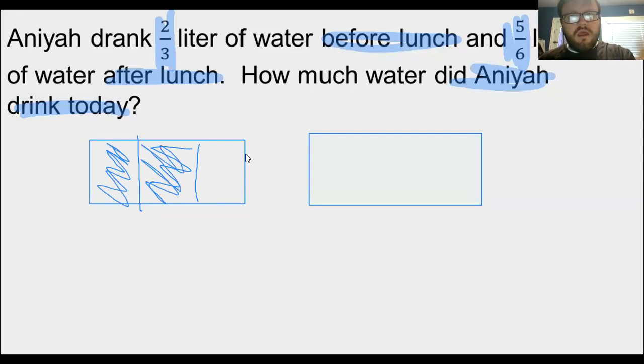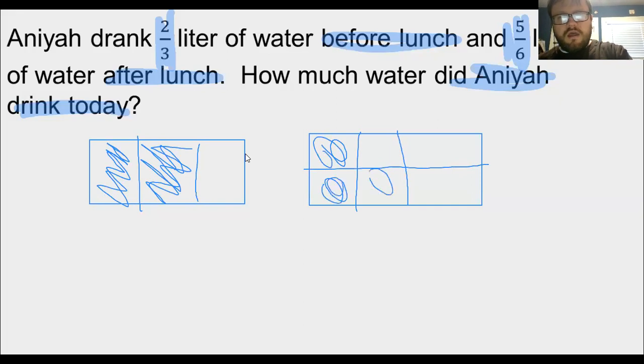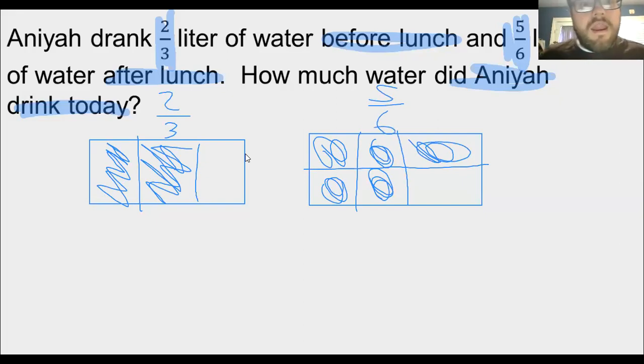And then 5/6. 1, 2. And then cut it this way. And then you see I've got 2/3 and 5/6. Now I look and see that I can't combine those two yet because they're different sizes.